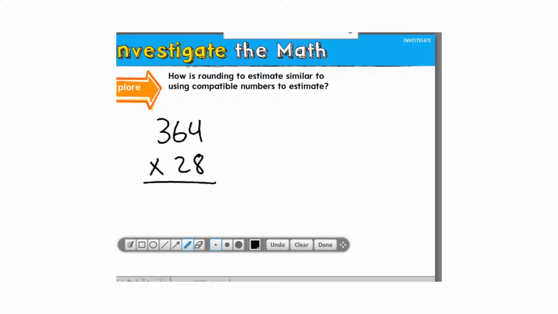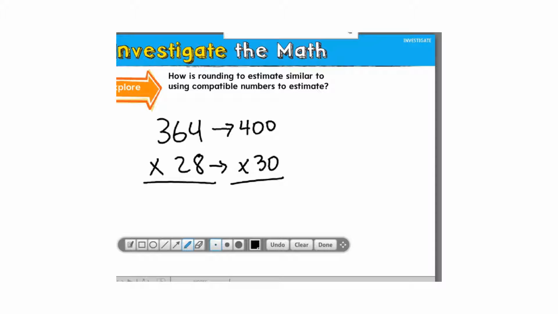This one is a little bit different because it depends on which place you're rounding to, right? If you round to the hundreds place, you'd get 400 times 30, right?